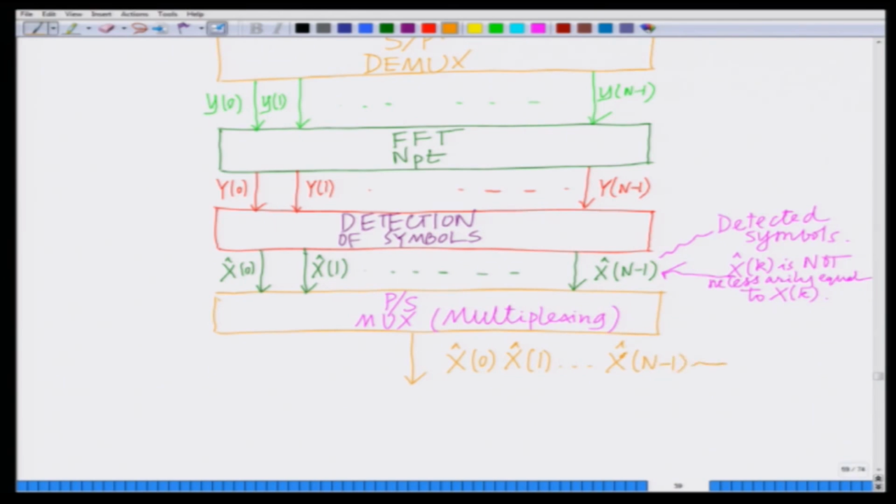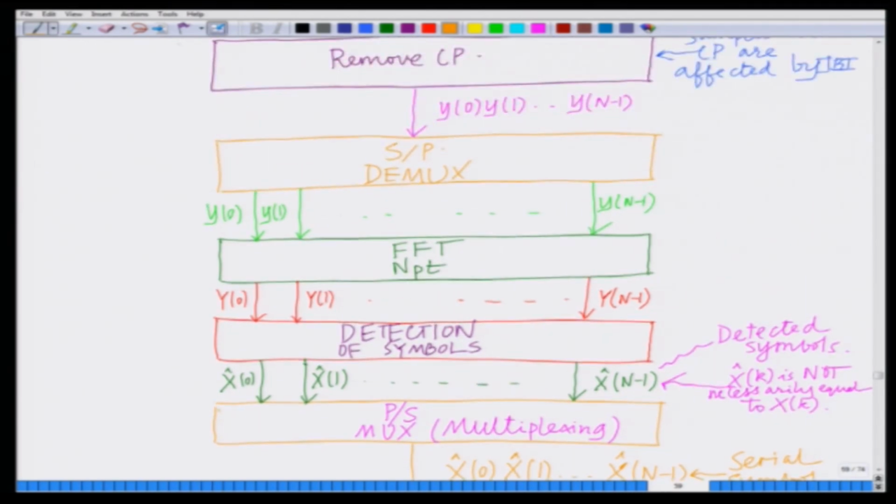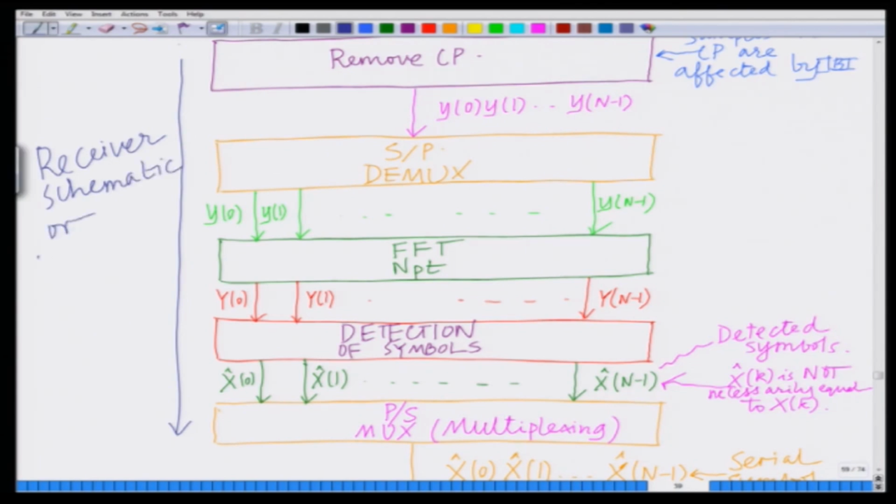So, this is my serial symbol stream which has been generated, and this is the sequence of operations that is carried out at the receiver. Therefore, this is the receiver schematic of the OFDM, which we can also call RX.